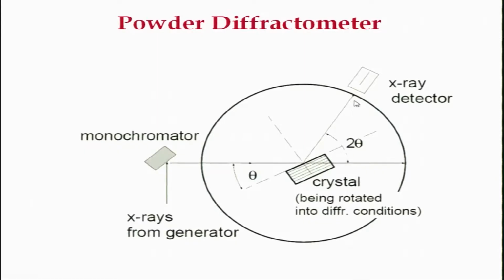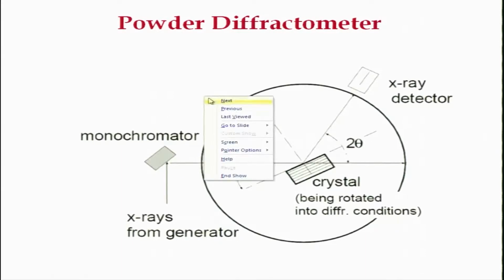If this is your X-ray detector and this is your X-ray generator, you can rotate the crystal. There is a possibility of rotating the crystal as well as rotating the detector. For polycrystalline material you need only one of them; you do not need to rotate both. Either you rotate the sample holder or you rotate the detector. And what you get at the end is something like that.